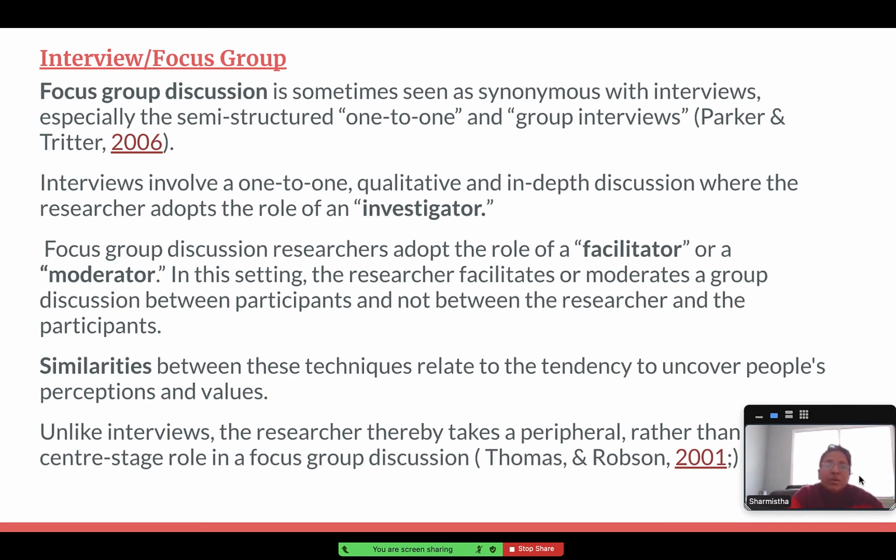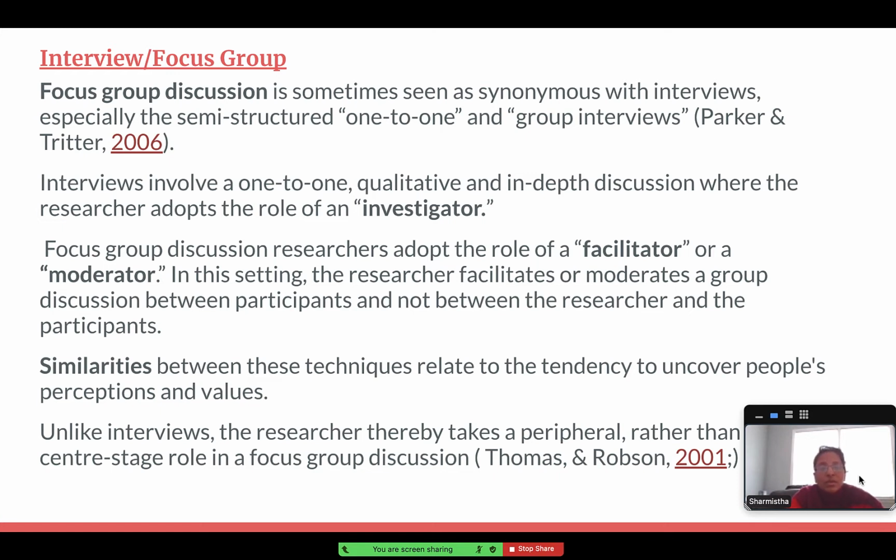The interview is conducted by the researcher who is an investigator, and in the focus group, there is a moderator who facilitates the discussion. In this setting, the researcher facilitates or moderates a group discussion between participants and not between the researcher and the participants. The similarities between these techniques relate to the tendency to uncover people's perceptions and values.